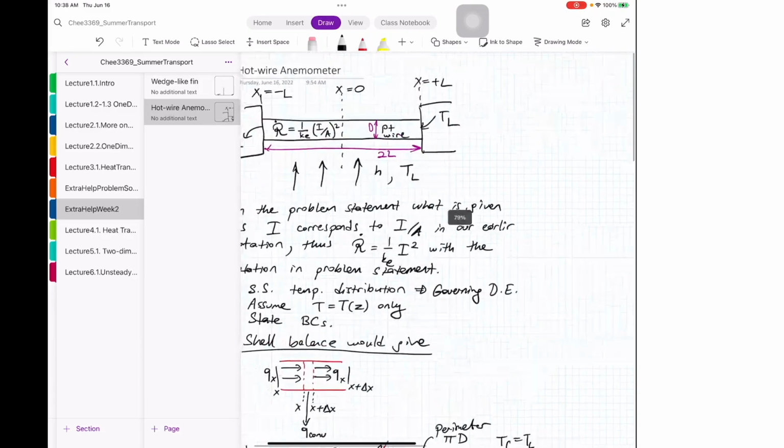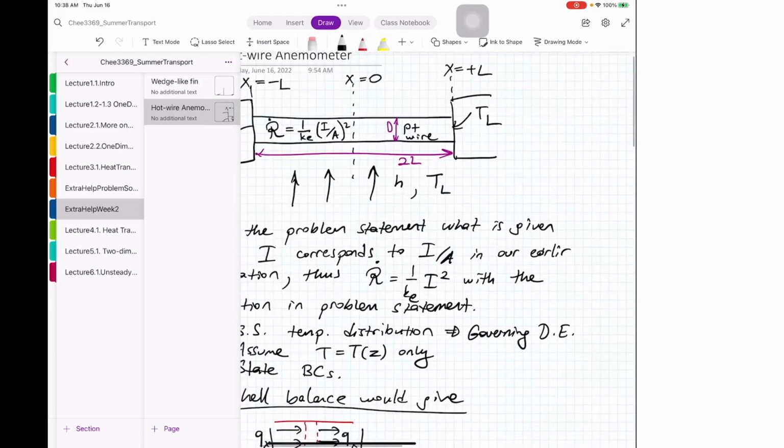The reason is because I'm talking about the heat transfer along the x direction, and I know that the temperature only varies along the x direction. So my characteristic length must correspond to a length along that direction, not the length along this direction.